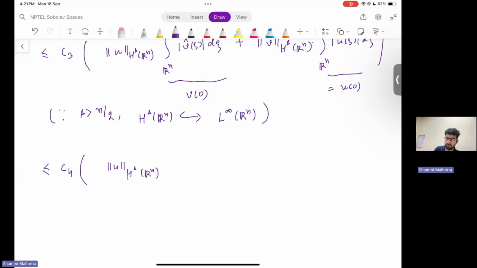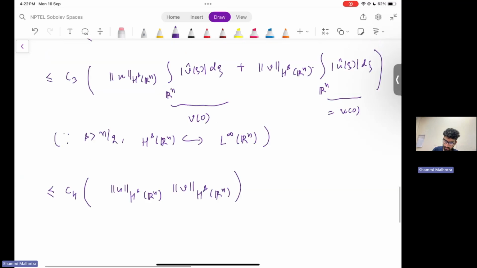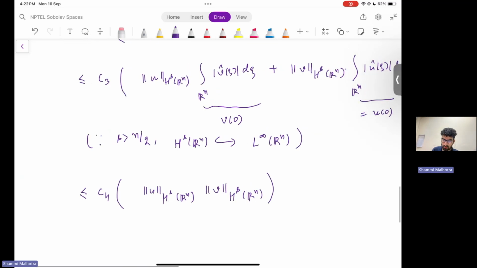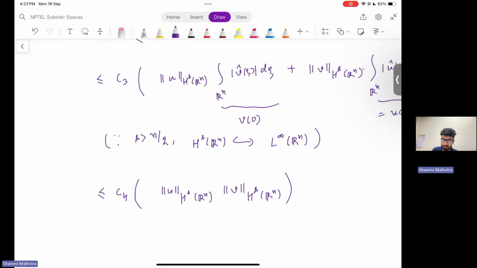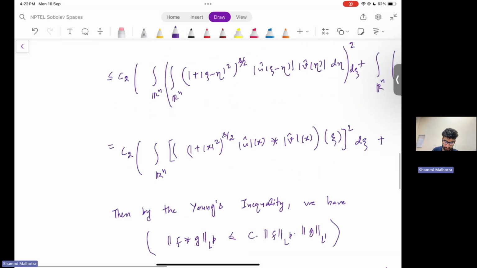And then since this is v at 0, v at 0 is less than or equal to the L infinity norm of v, and eventually this will give you some constant times the H^s norm of v. The same thing goes with the other term. What we can do finally is take twice the H^s norm of u times the H^s norm of v, and after that we can take a constant outside. So ultimately, we end up here with the H^s norm of u times the H^s norm of v.